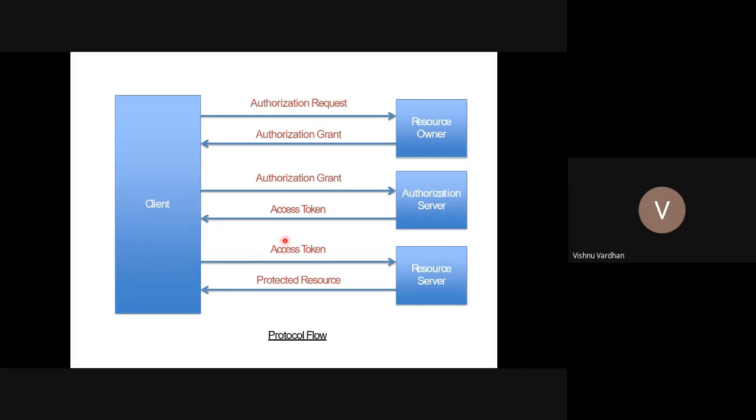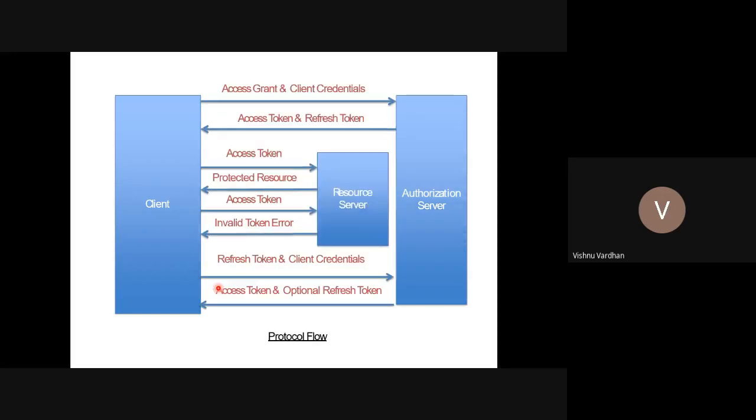In the case of Instagram, the authorization server as well as the resource server are the same. So it is actually using the tokens and giving back the protected resources. So in that way it is going to work for the authorization code grant.